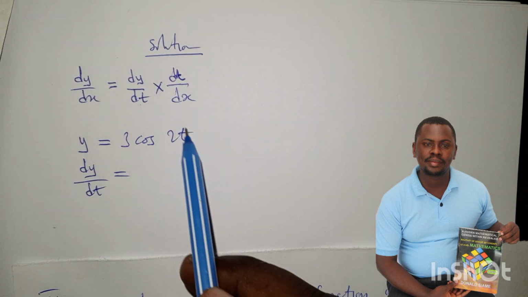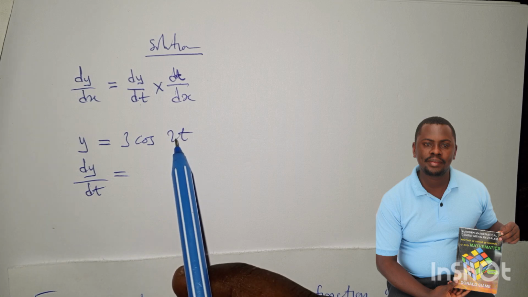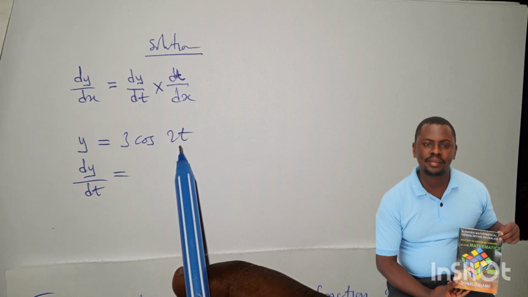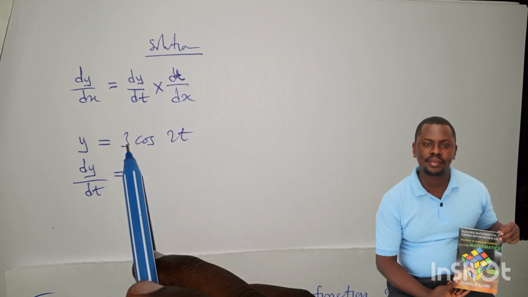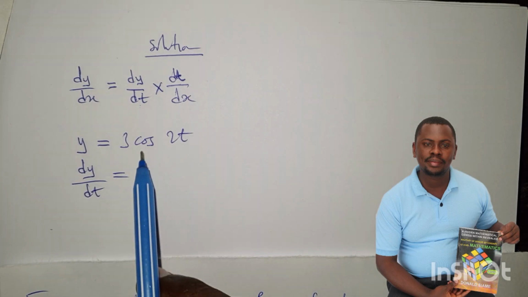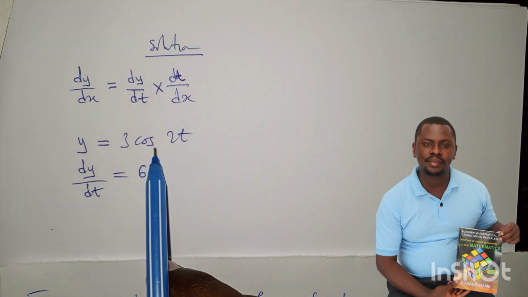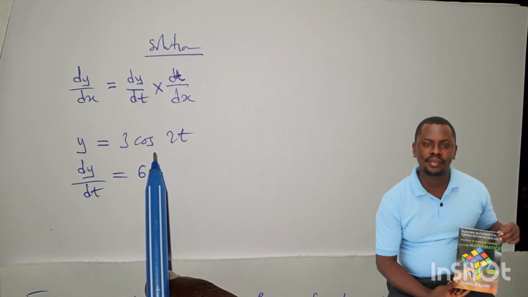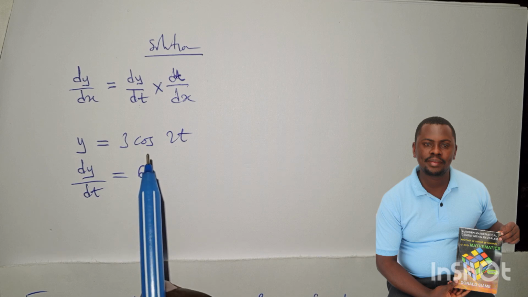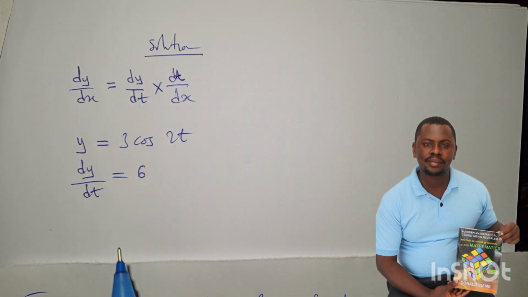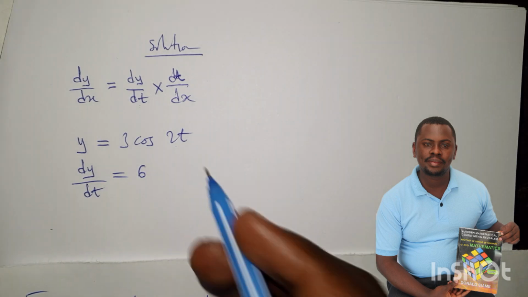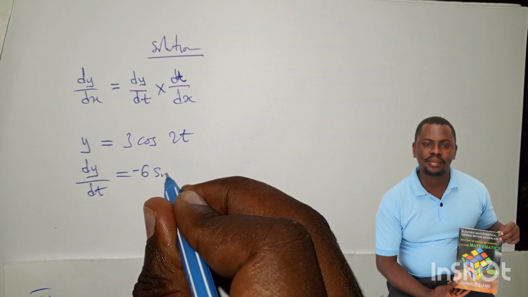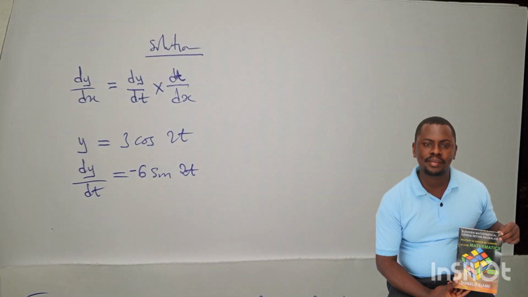We start with 2t: the derivative of 2t with respect to t is 2. So 2 times 3, we are going to have 6. Now, the derivative of cos is a negative sign. So the derivative of cos 2t is negative sin 2t. That negative you multiply by 6, so it will be minus 6 sin 2t. That is the derivative of y with respect to t.